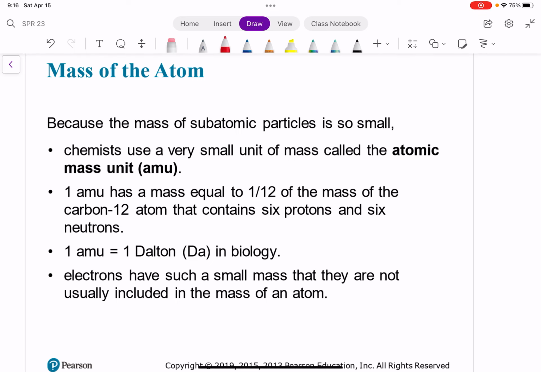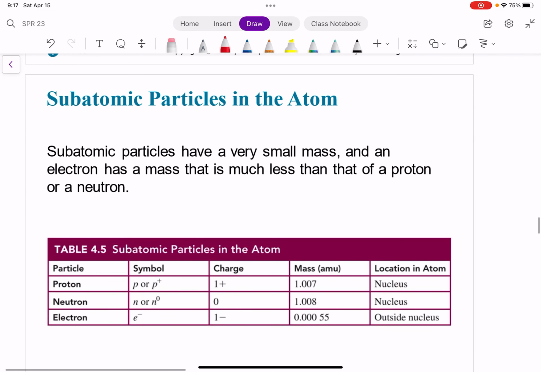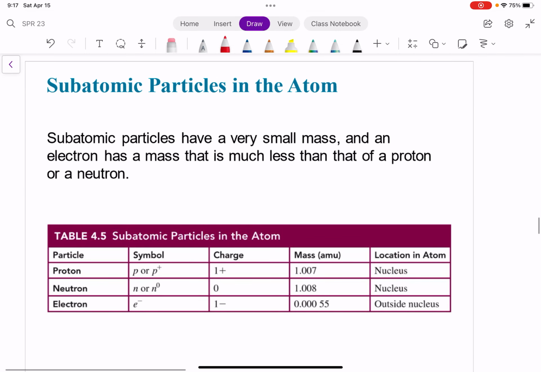Carbon-12 contains 6 protons and 6 neutrons. 1 AMU is also referred to as 1 Dalton in biology. And electrons have such a small mass that they're not usually included in the mass of an atom. So when we talk about the mass of an atom, we are really only talking about the protons and neutrons. And I thought there was a table. Yep, there it is. To make more sense of this, here's a nice table.